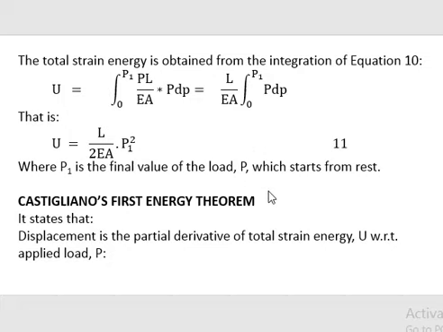This theorem states that displacement is the partial derivative of total strength energy with respect to applied loads. That is, when you differentiate the total strength energy partially with respect to the applied load, you are going to get displacement, in this case deformation. That is what is called Castigliano's first energy theorem.